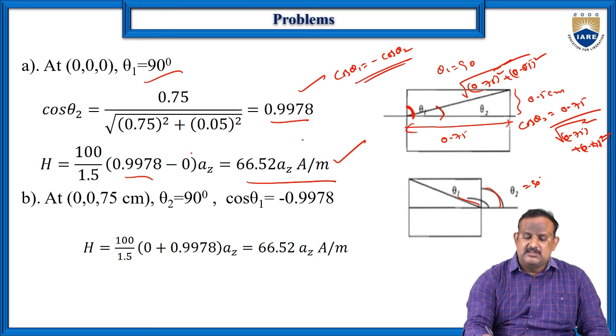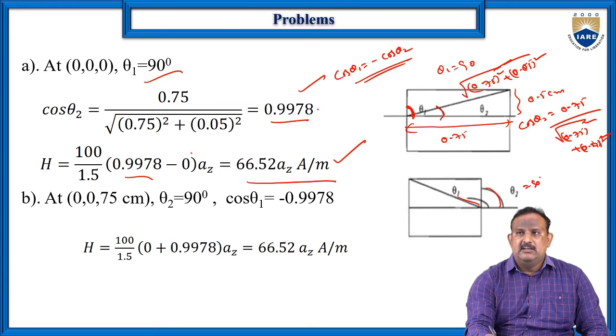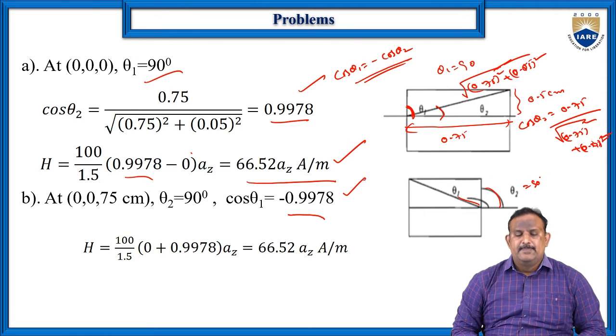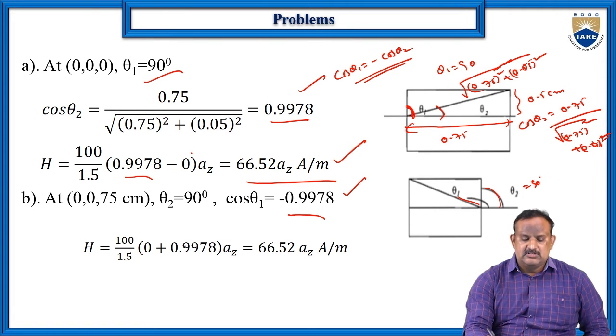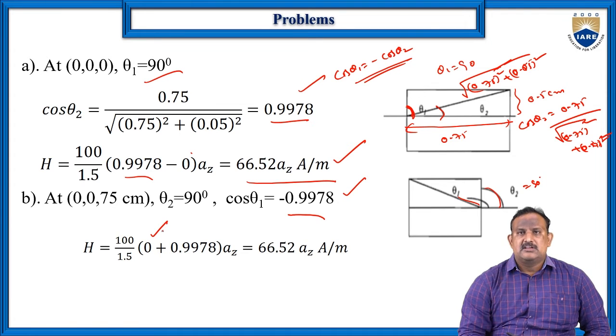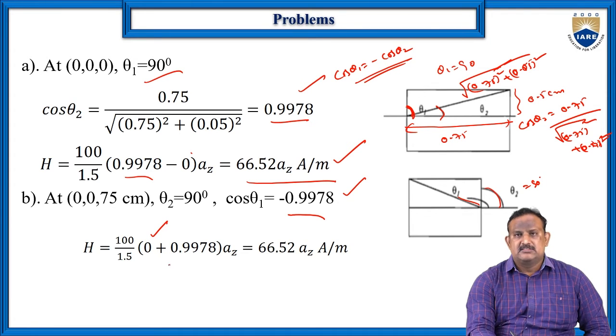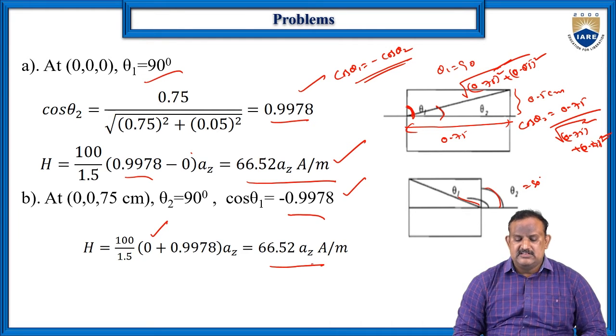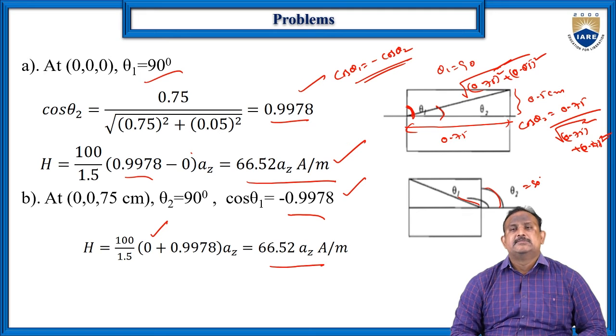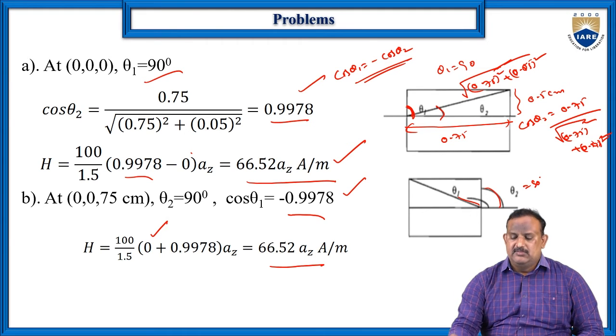In the previous condition cos theta 2 was 0.9978, so cos theta 1 equals minus 0.9978. Substituting into the equation, cos theta 2 is cos 90, which is 0, minus of minus 0.9978. So the value is 66.52 Az ampere per meter. This is the second magnetic field intensity.